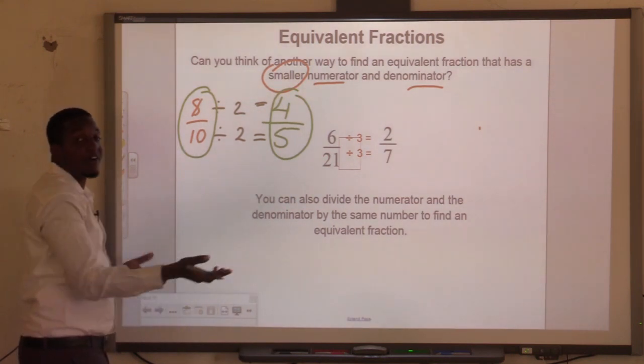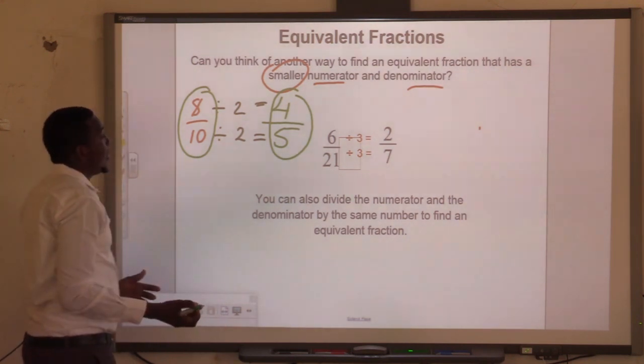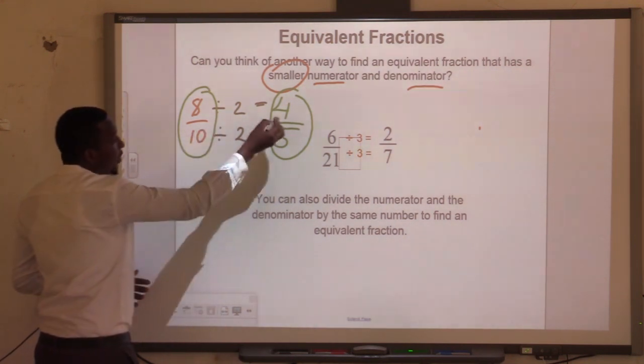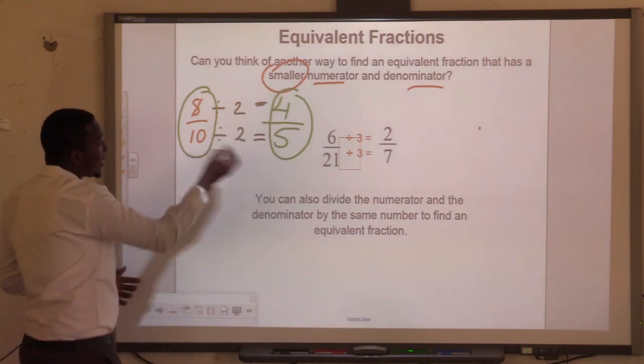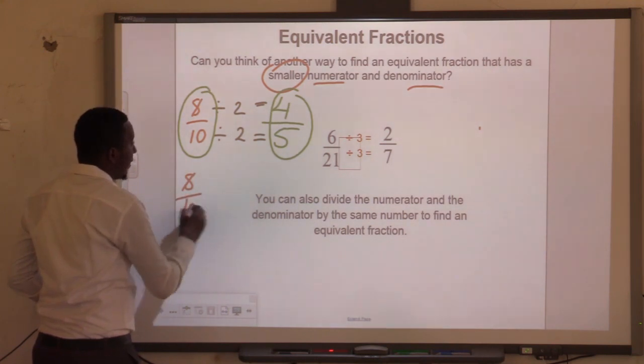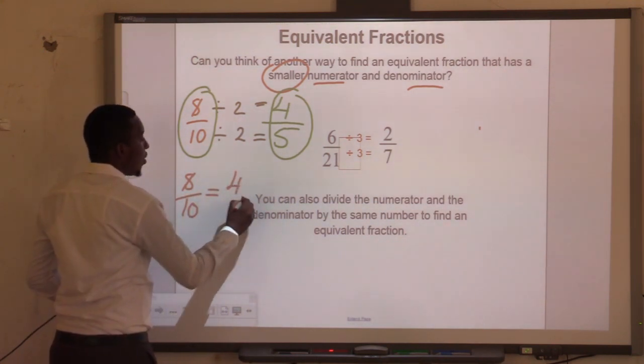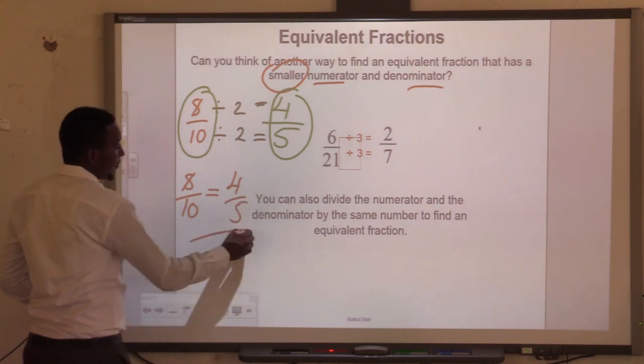Well, exactly that's what we have. I hope we are already enjoying this. Because when we divide 8 by 2, we have 4, and when we divide 10 by 2, we have 5. 8 all over 10 is equivalent to 4 all over 5.